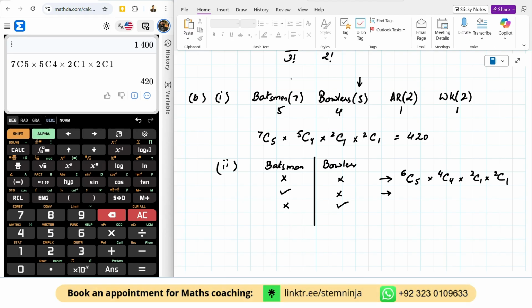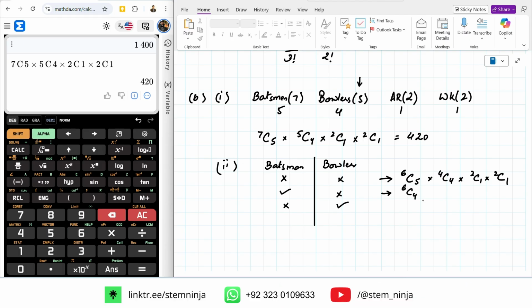Then if the batsman is selected, so 6C4, no, sorry, 6C4, because you still need to select 4 batsmen. The bowler which is not supposed to be over here, so 4C4 times 2C1 times 2C1.